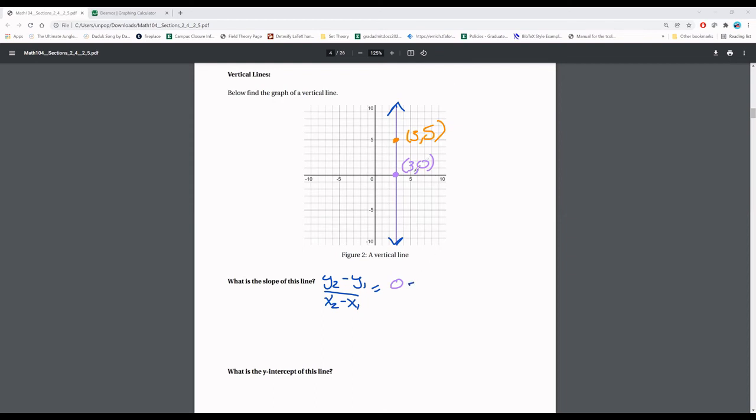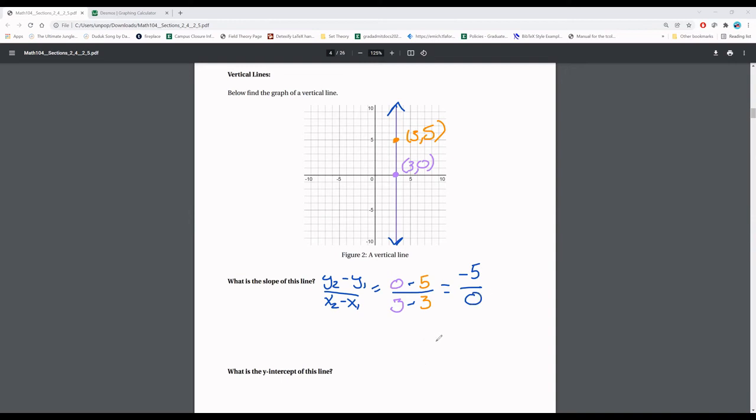And y1, 5. x2 is 3. And x1 is 3. This gives me a -5 in the numerator, and a 0 in the denominator.